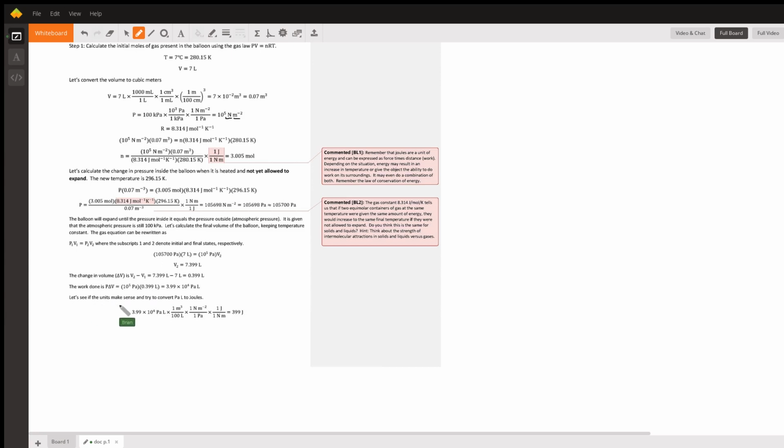So when we convert the units, we're going to see it does make sense. All of the units in the denominator are going to cross out with something in the numerator, and you're going to be left with joules. So the work done is 399 joules, and that is the answer.